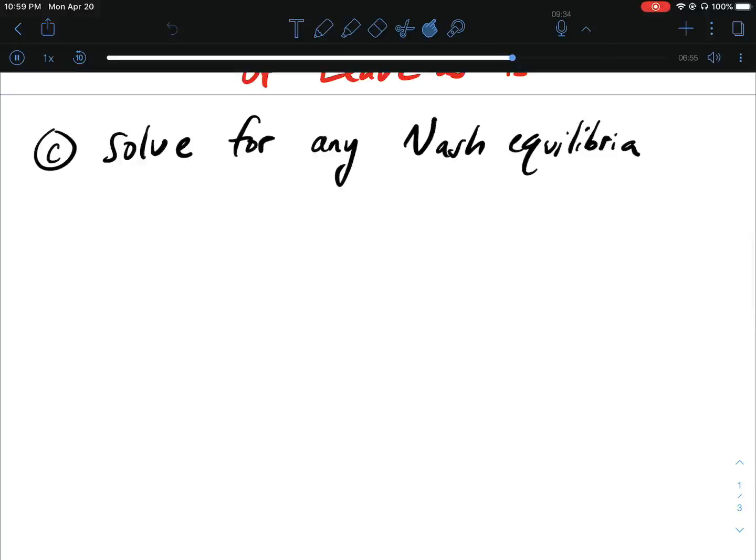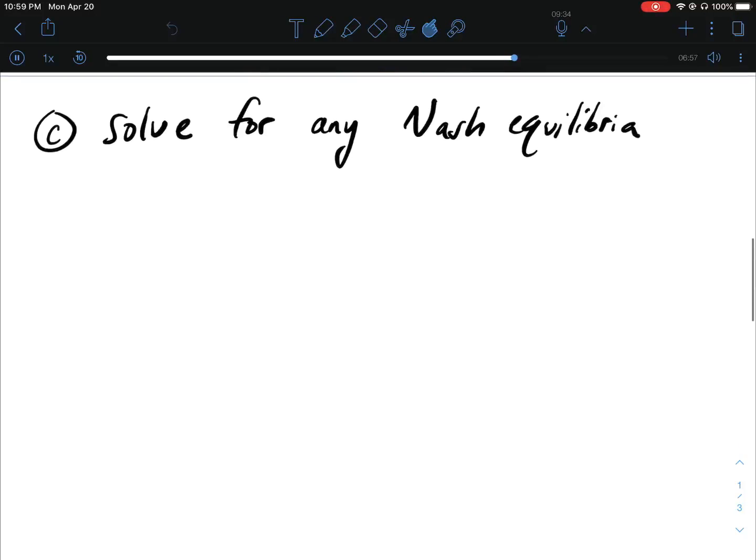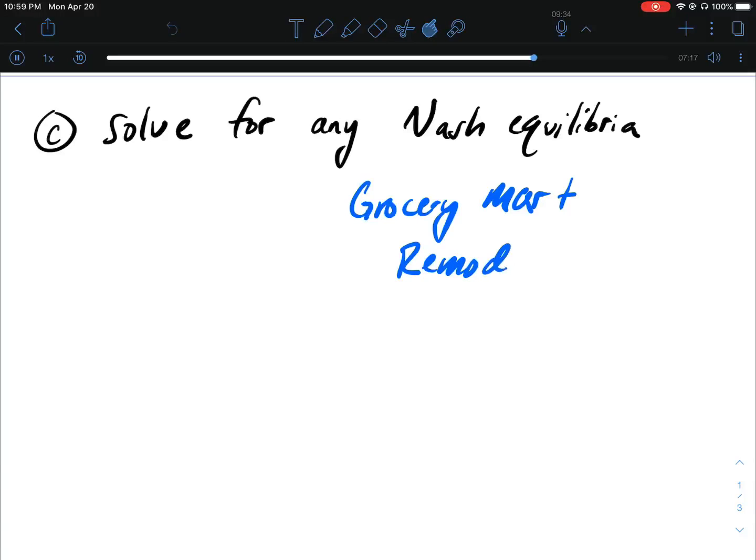Finally, for the last part, it's asking to solve for any Nash equilibria. This one is nice and easy because we have those three dominated strategies. Because we have those three dominated strategies, we're going to remove the rows and columns that are never chosen and redraw the normal form game.